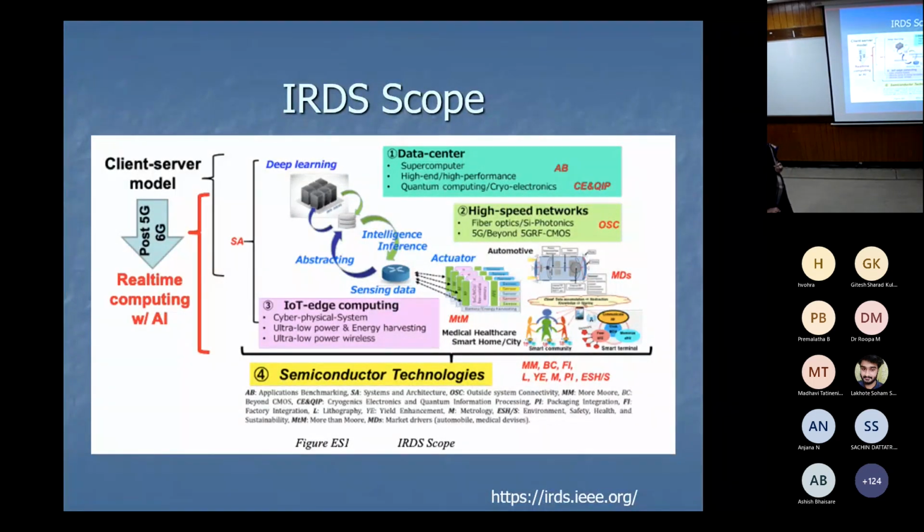If you see, the entire IRDS scope has enhanced from simple VLSI solutions to entire application-oriented solutions. It caters to medical, healthcare, smart city, smart home, all such applications. You talk about high-speed networks, and it talks about all sorts of communication related technologies you need to know.